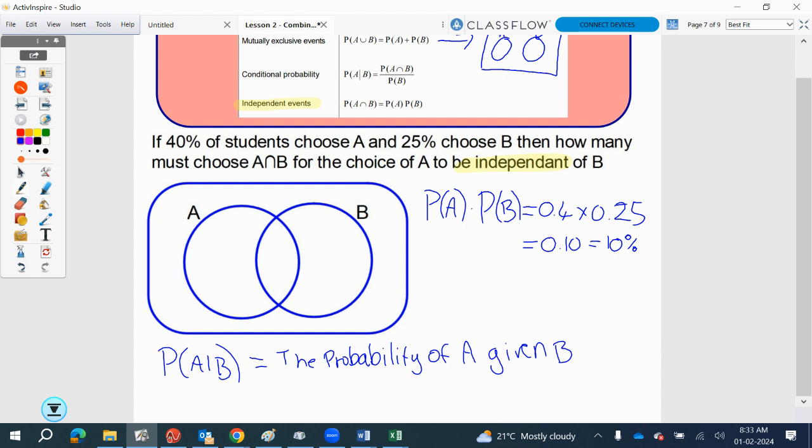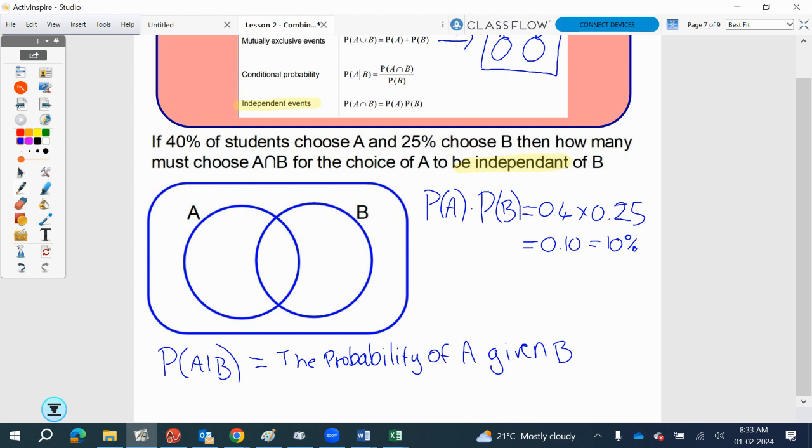This is a giveaway. If something has already occurred, and then we're looking for the probability of something else to occur. So we're looking for the probability of A happening once we know that B has happened.